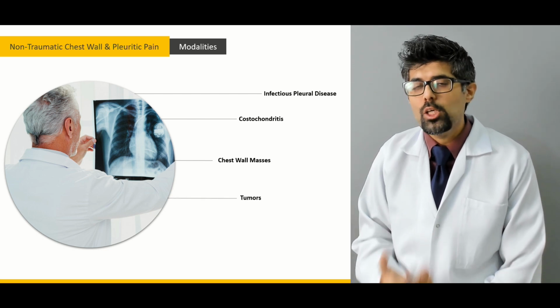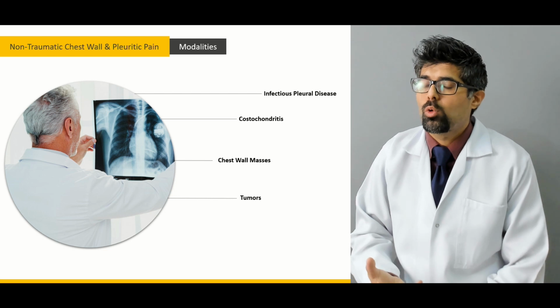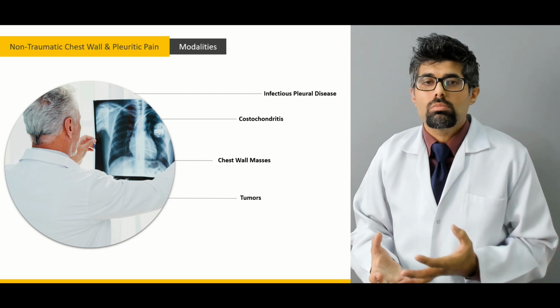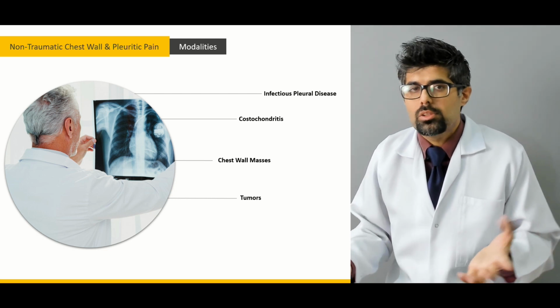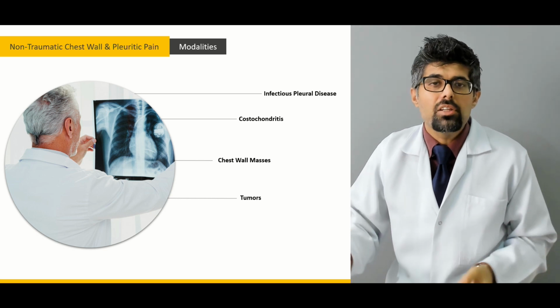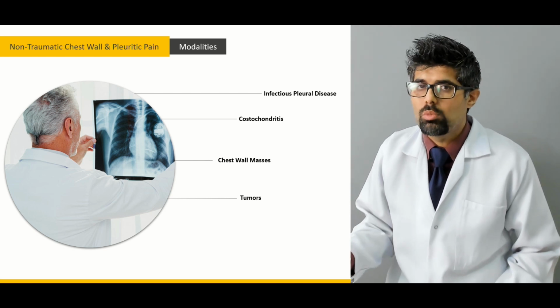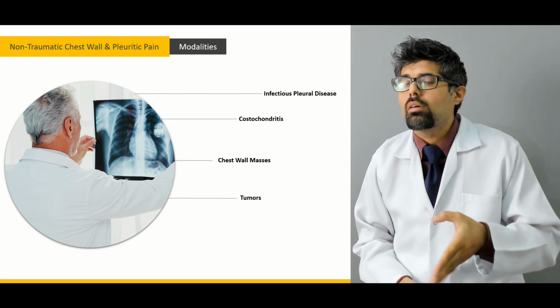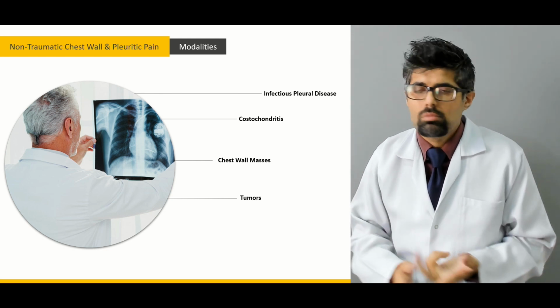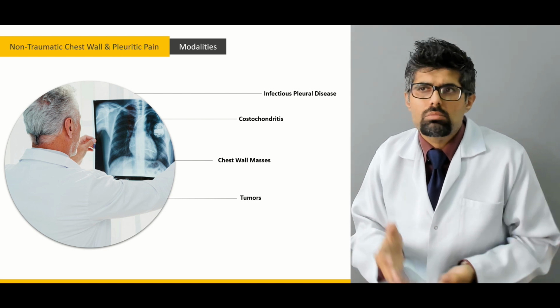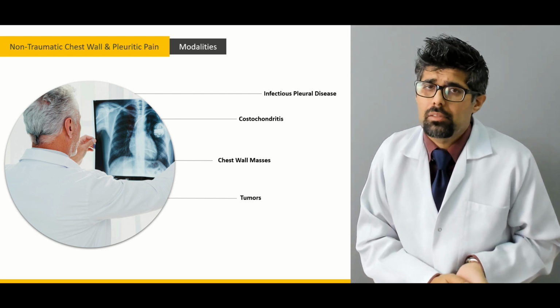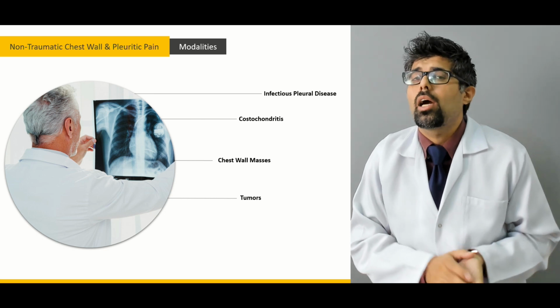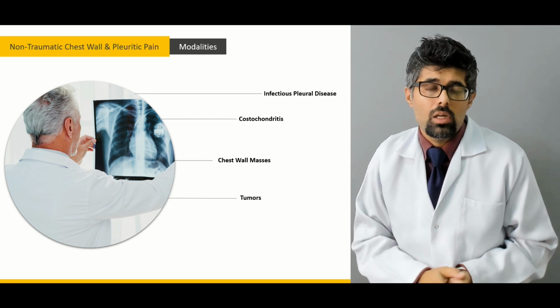Now if we have tumors in the chest wall, there are two kinds of tumors, the benign tumors and the malignant tumors. Now, the benign tumors in the chest wall are chondroma, osteochondroma, and fibrous dysplasia. These are the only benign chest wall tumors.